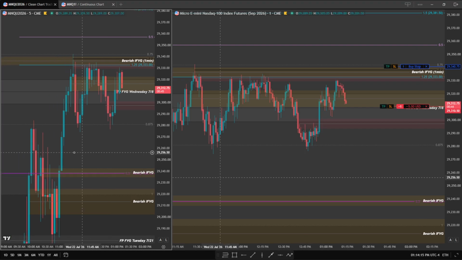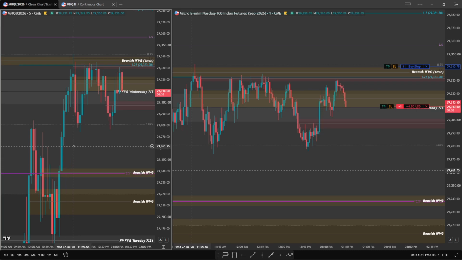It's a 5-minute inefficiency here. If it's going to be bearish, it needs to accelerate through this 5-minute inefficiency with a lot of speed, because this should be an inversion for value gap if it's going to be bearish. So I'm going to annotate that.